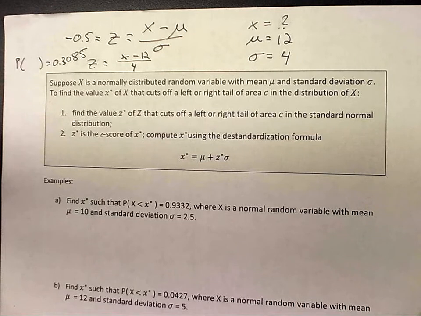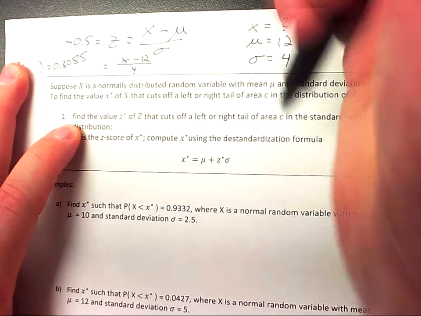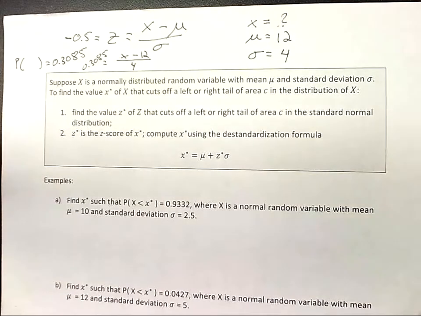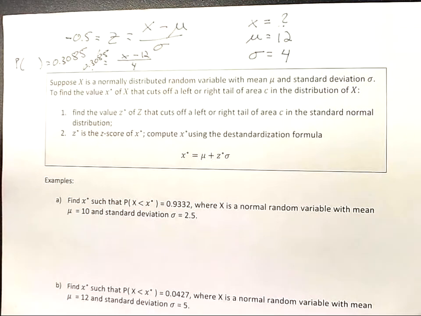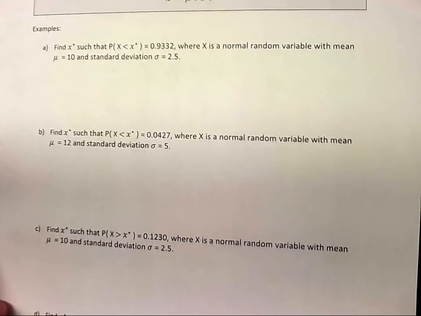A very, very common mistake is that people write that 0.3085 is equal to this. They put in the percentage for the z value. That is completely incorrect. We don't put the percentage there. We find the z value from the percentage, and then we put it there. So this is not right. All right, is everybody good with those concepts so far? All right, then let's go and do some examples.